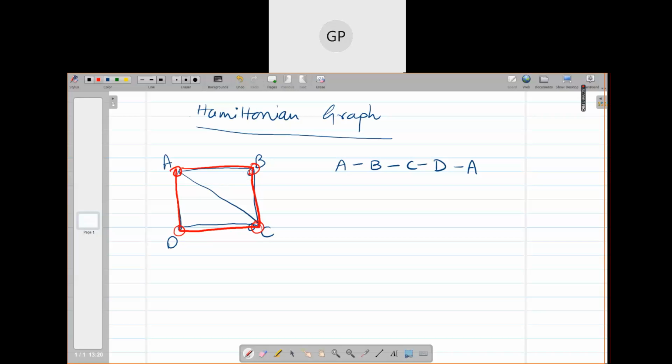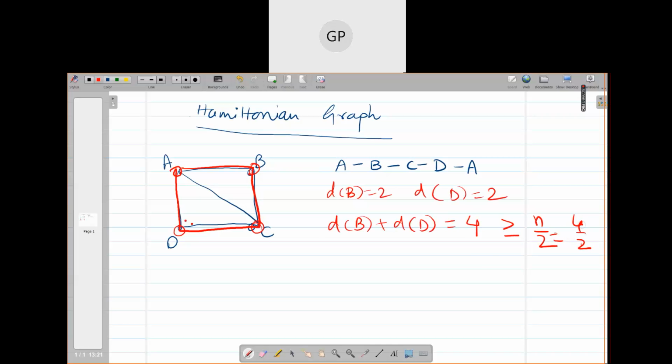Now, is this graph Hamiltonian? Yes, it is Hamiltonian because it admits the Hamiltonian tour A, B, C, D, A. Now you can apply the necessary and sufficient condition here to the two vertices which are not adjacent, that is B and D. The degree of B is 2, the degree of D is also 2, and if you add these degrees, it is equal to 4, which is greater than or equal to n by 2, where n is the number of vertices.